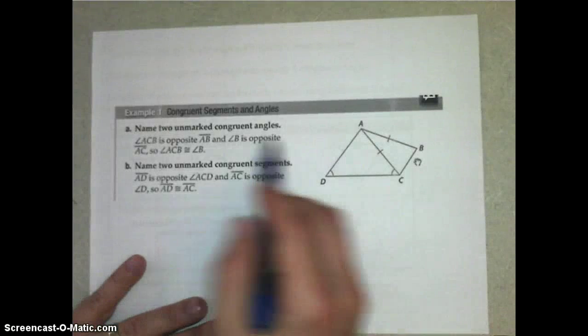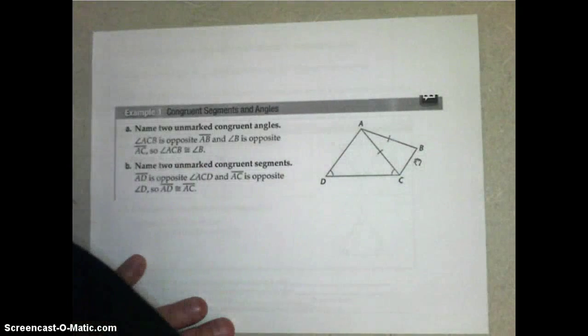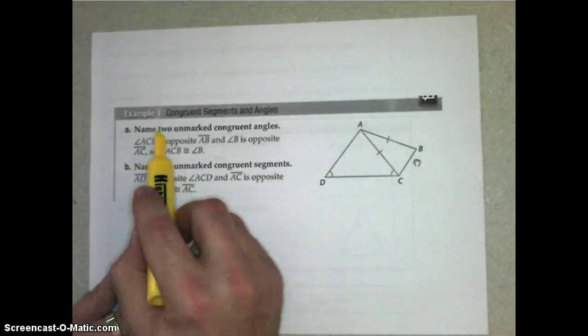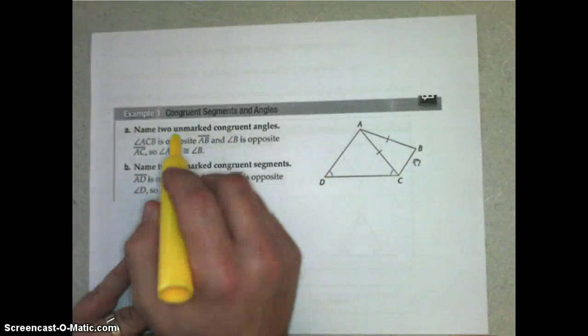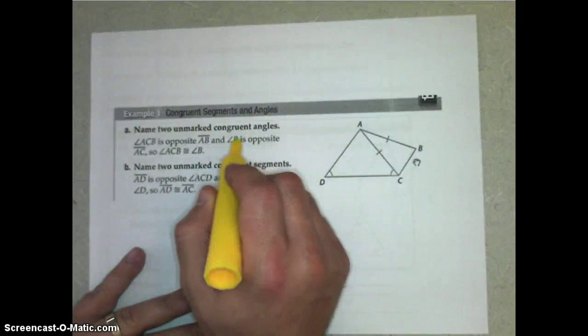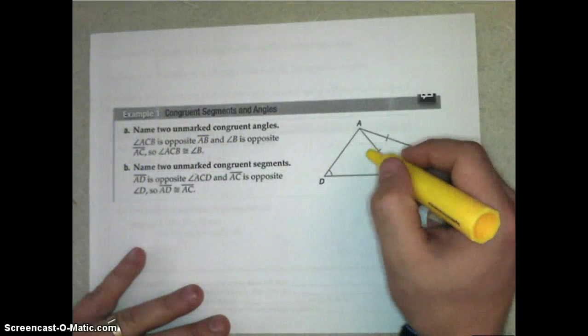All right, let's take a look here. I've kind of written most of this out for you. I just want to walk you through it so you can understand these things. If we're looking at this diagram, I want you to be able to name two unmarked congruent angles from the given information. If I'm looking for unmarked congruent angles, I'm going to look at where I have opposite sides marked congruent. If I look at AB and AC, those sides are congruent.